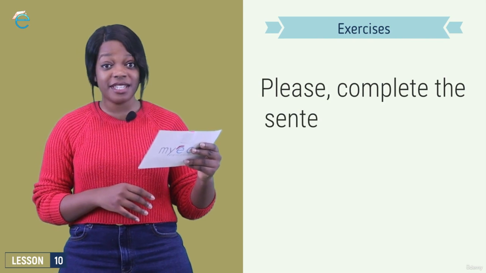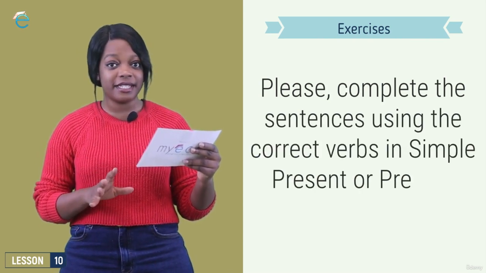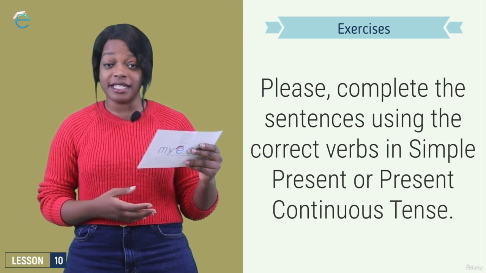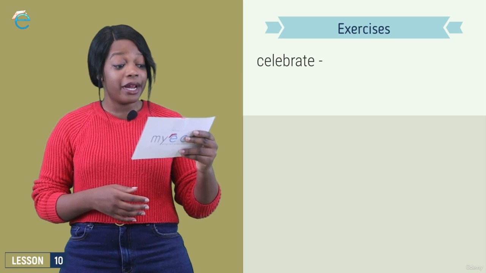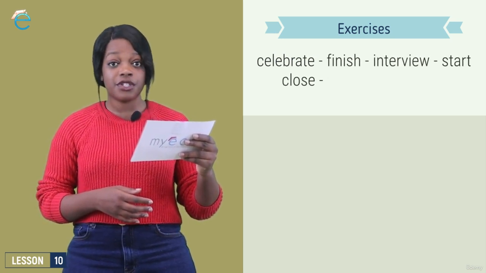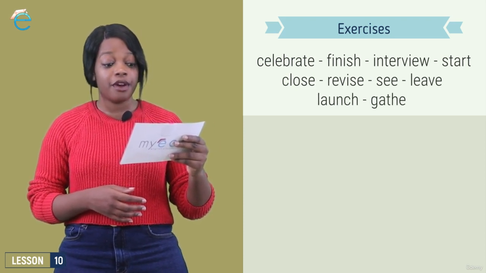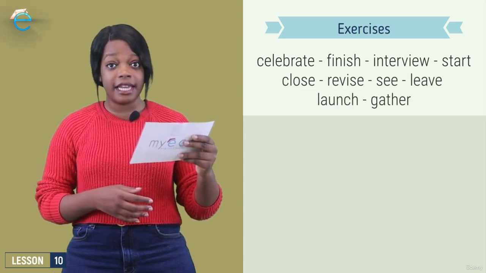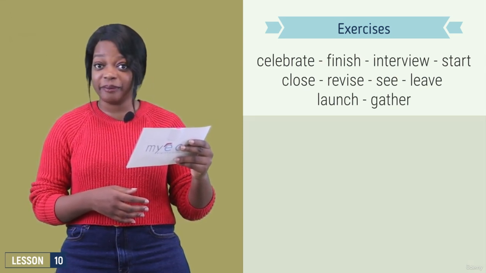Okay, so in our activity here, we have some sentences with some blank spaces. And we're going to fill the sentences with the following verbs: celebrate, finish, interview, start, close, review, revise, see, leave, launch, and gather.